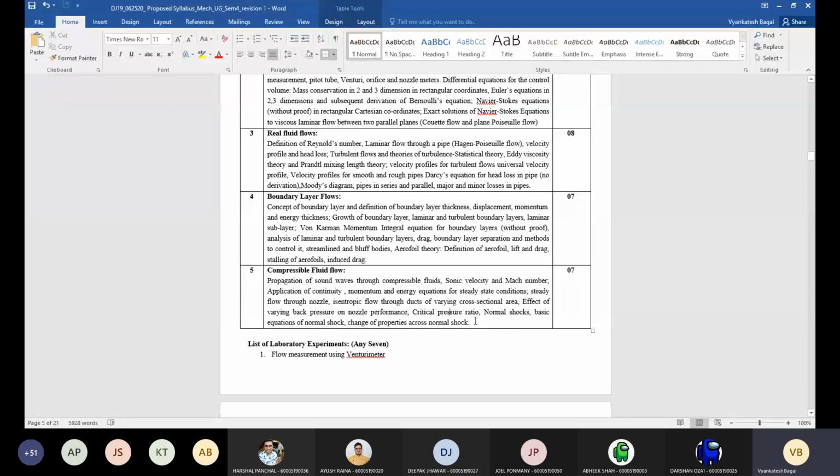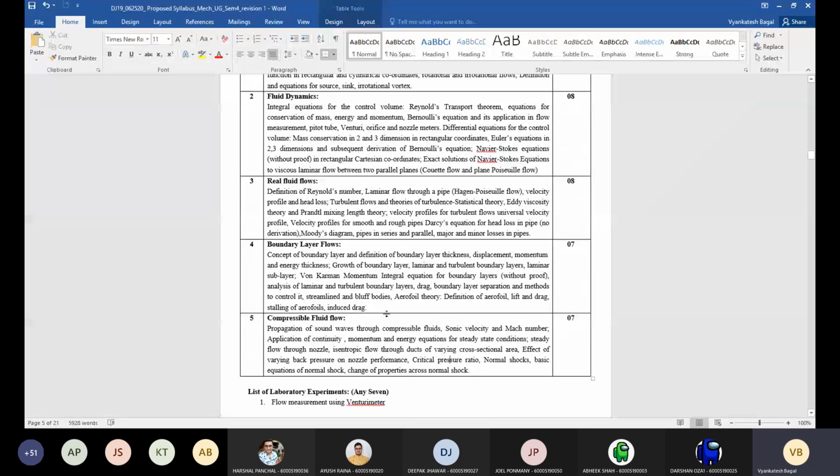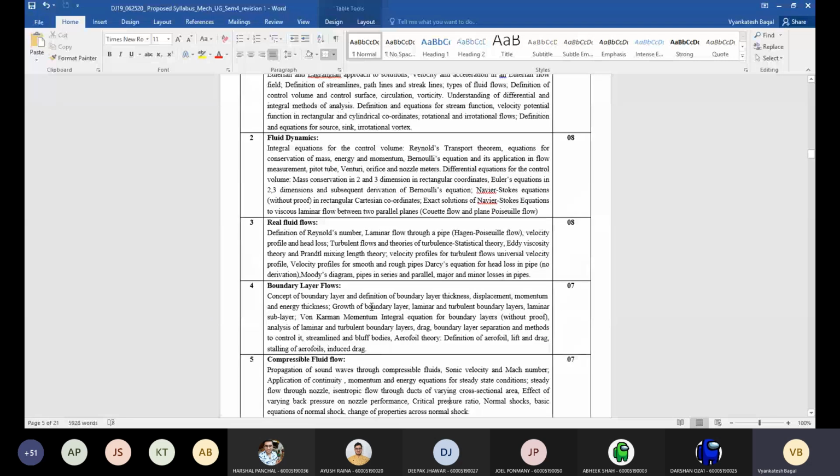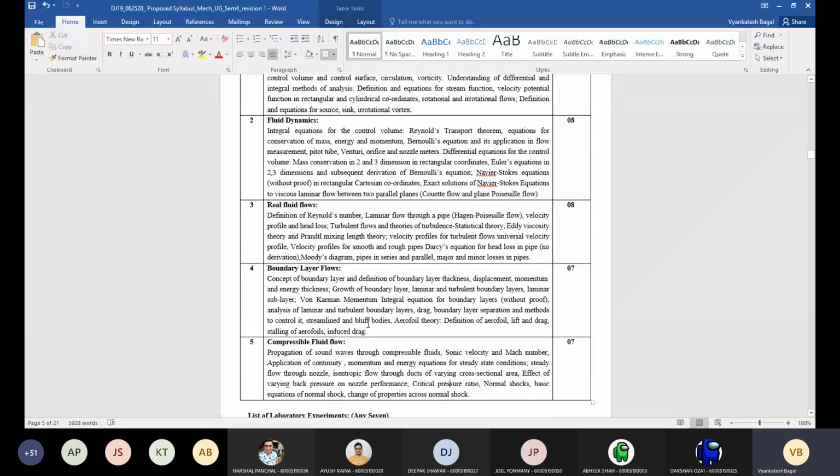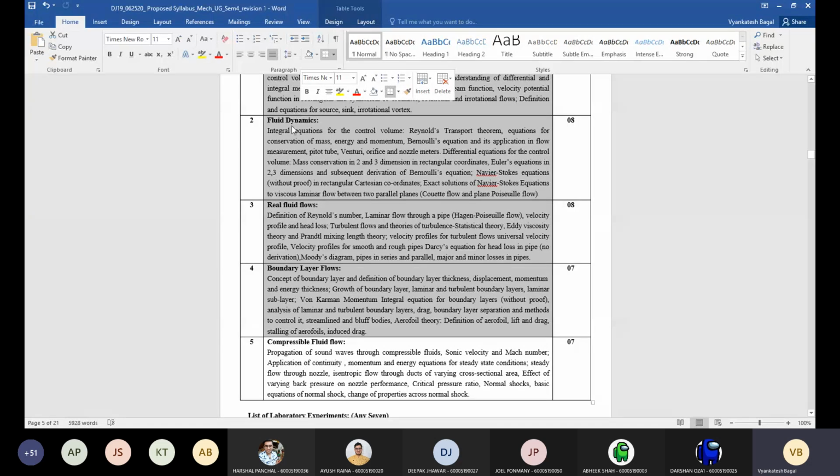Compressible flow. Now, apart from module 5, whatever we talked about in modules 1, 2, 3 and 4, in 99% of the cases we will consider the fluid as incompressible. It means we will not take into account the changes happening in the density with respect to pressure.